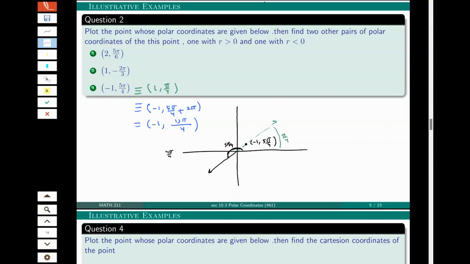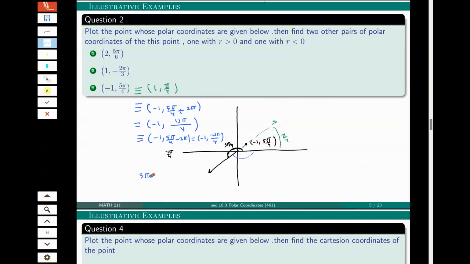Of course, we can also say it is equivalent to minus 1 and this angle 5 pi over 4 minus 2 pi, which over 4 will be minus 8. So 5 pi minus 8 pi will be minus 3 pi over 4, also the same.